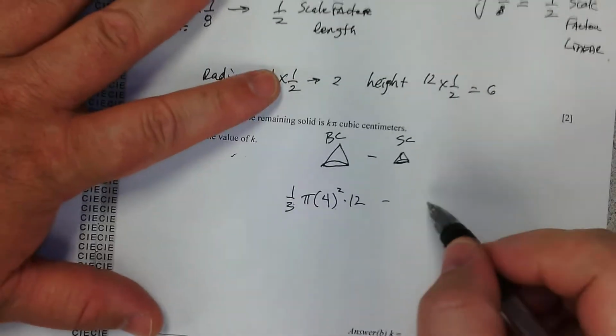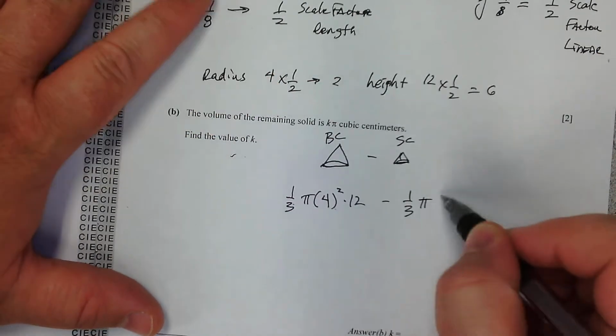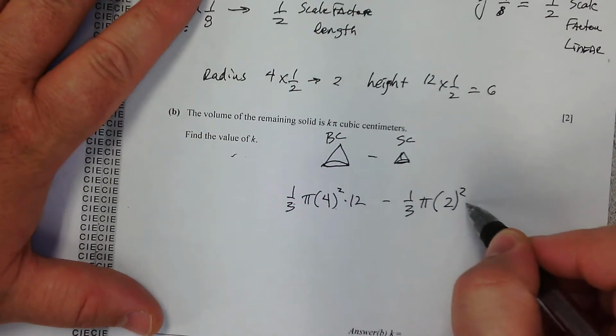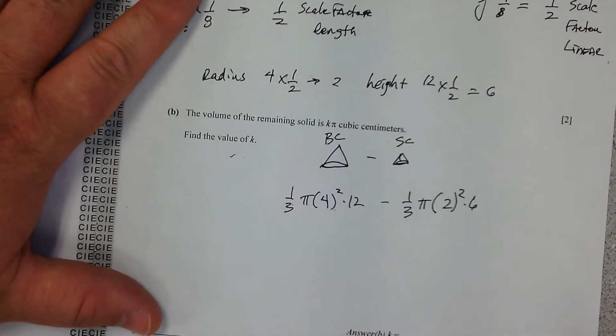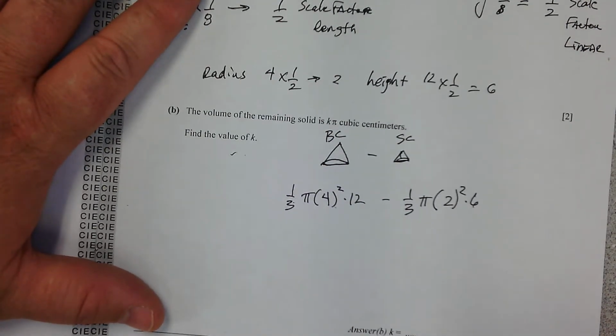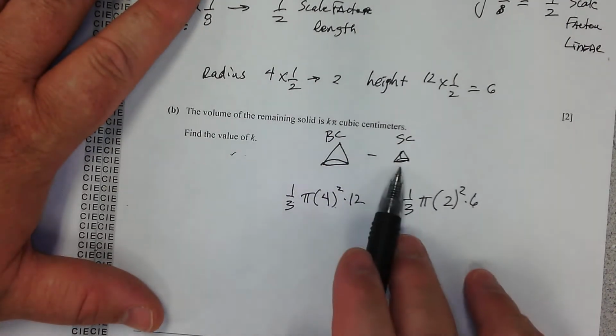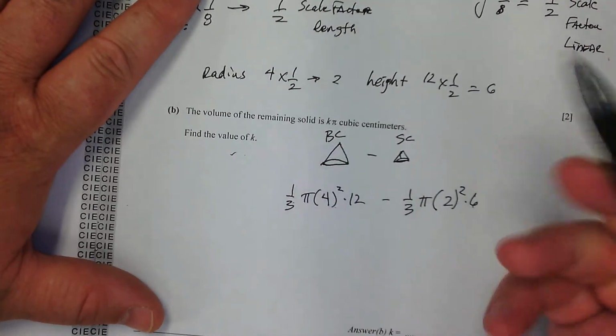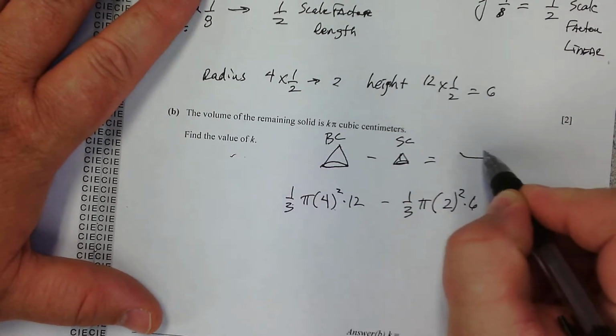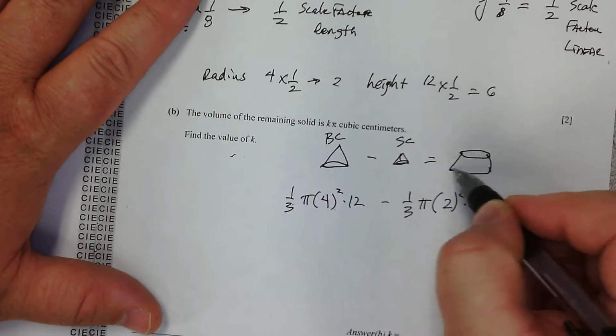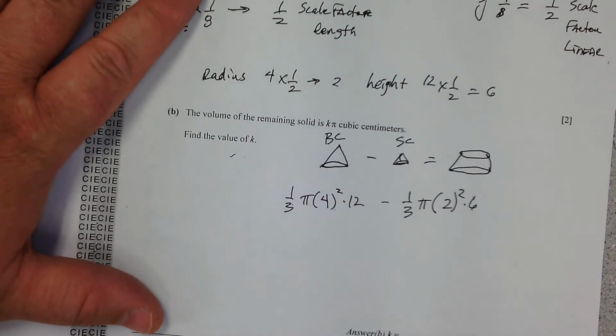Then we're going to subtract this one. 1/3 pi 2 squared times 6. And that's going to give us what's left, because when we take the top off of the big cone, all that's left is our truncated cone. There's a name for that shape. I forgot what it's called, but anyway, that's what's remaining.